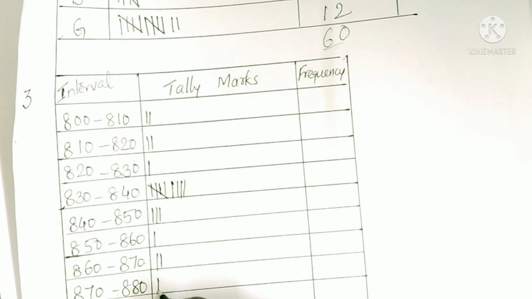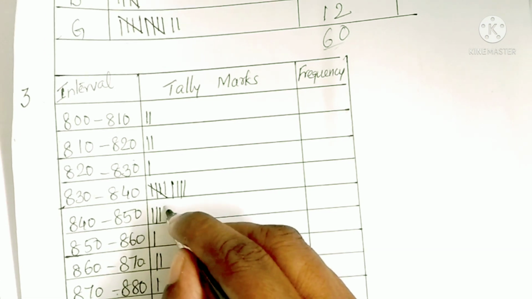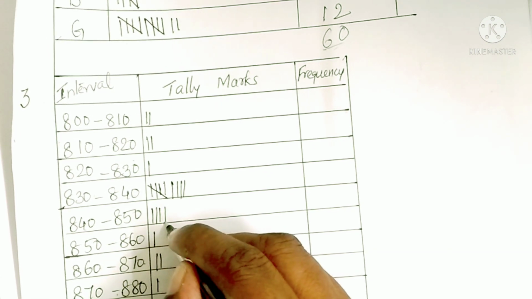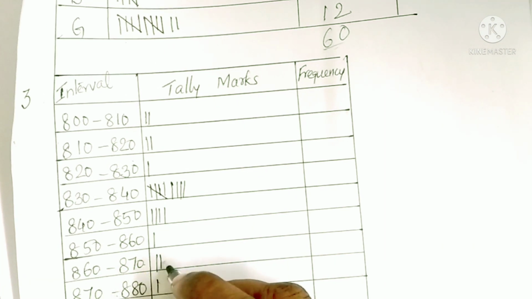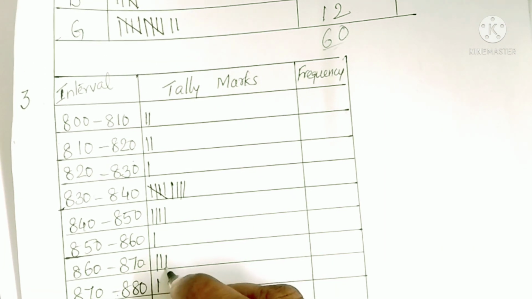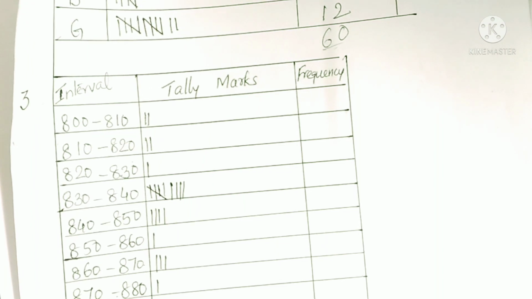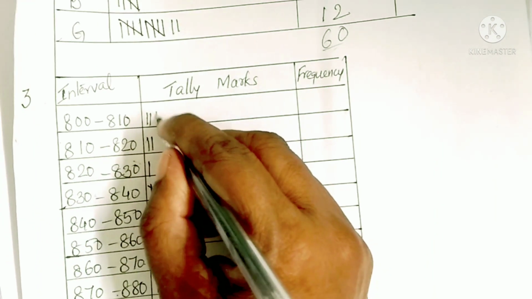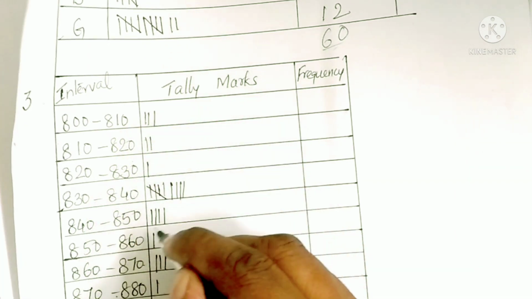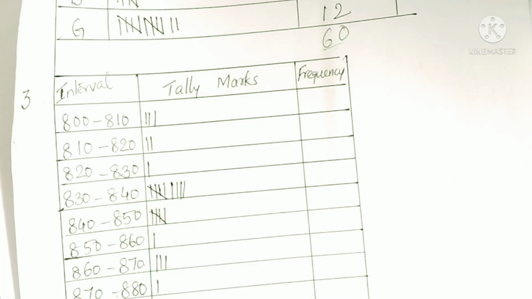So here 840 will be here. 868, 860, 870. So here 890 again here. 806 will be here and 840 will be here.